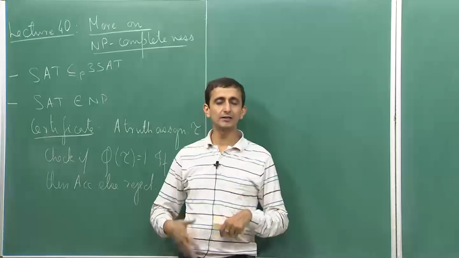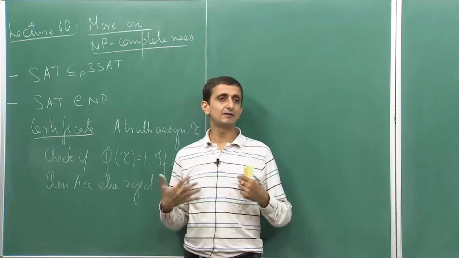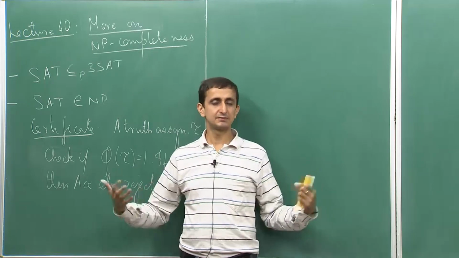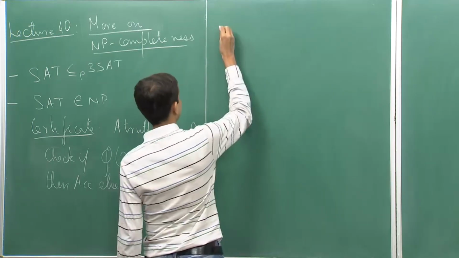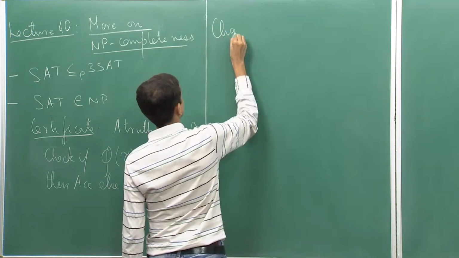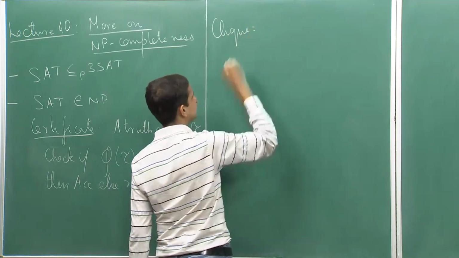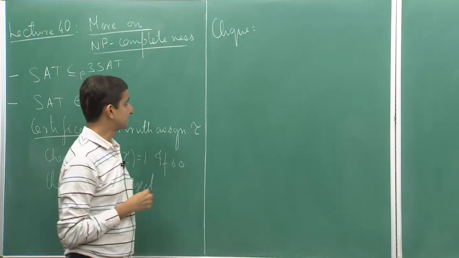Okay. So, what we are going to show next is how to use the technique of reduction to show that other problems are NP hard and subsequently NP complete. Okay. So, recall this problem click. Okay. So, we had seen this problem a couple of lectures back.